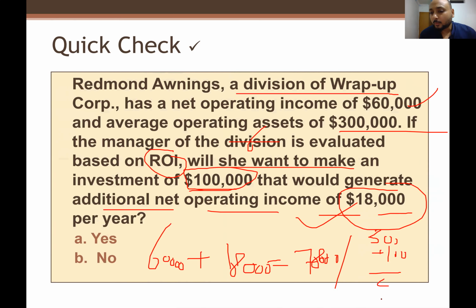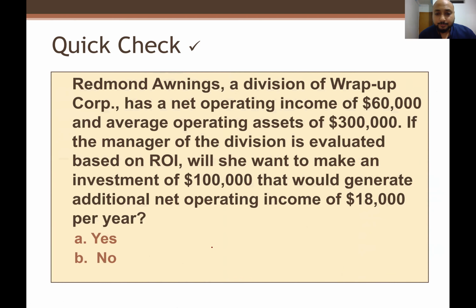Answer is 400,000. So if you divide 78,000 by 400,000, what is the answer? 19.5%.